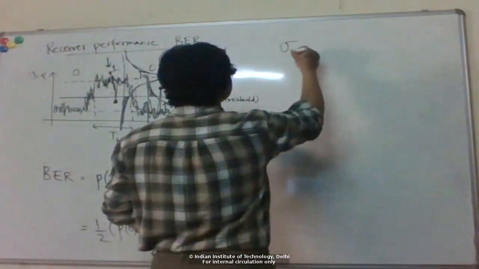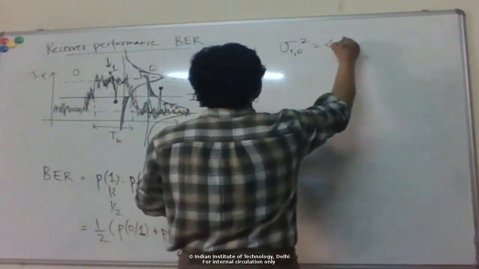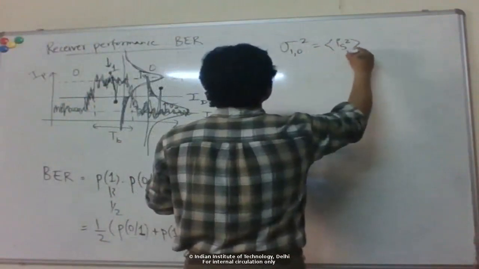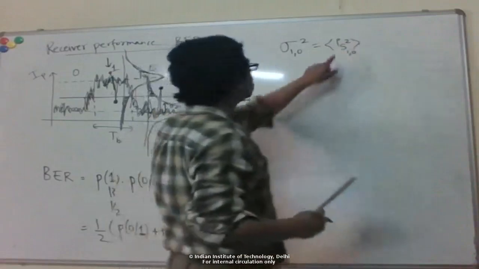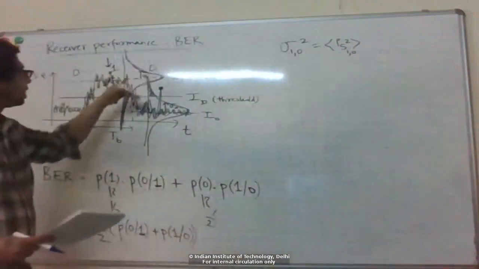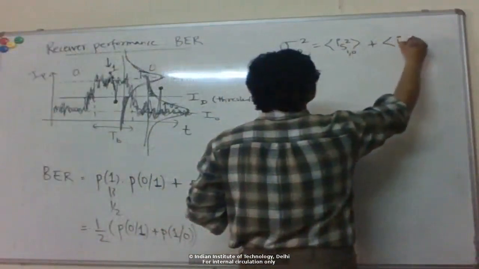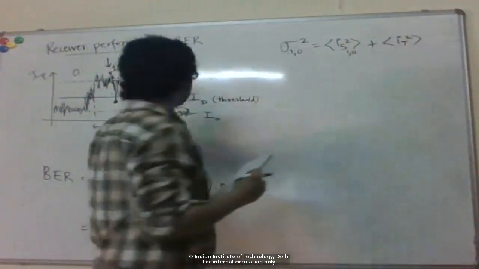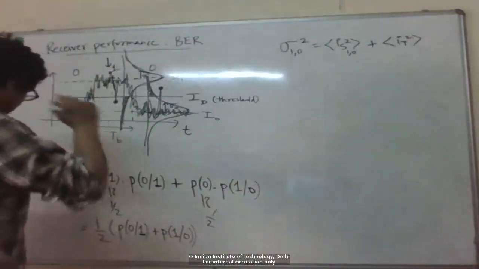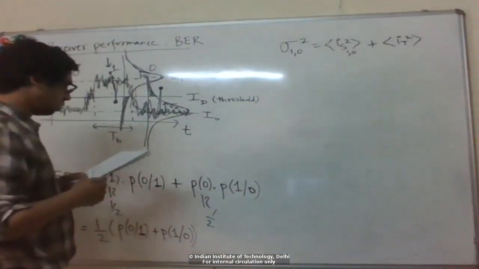So sigma 1 or 0 square, the variance, is the contribution from shot noise, which would depend on whether you have bit 1 or 0, because that depends on the current level, plus thermal noise, which is independent of the current, so it does not depend on which bit.